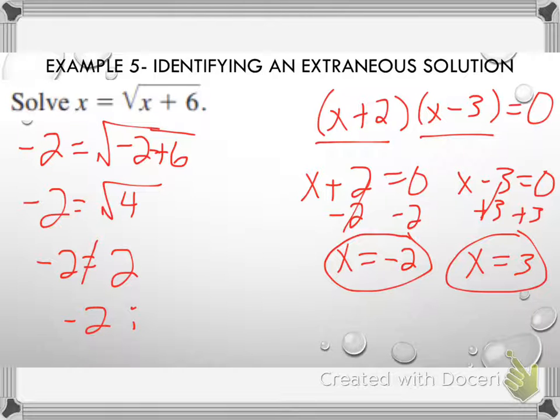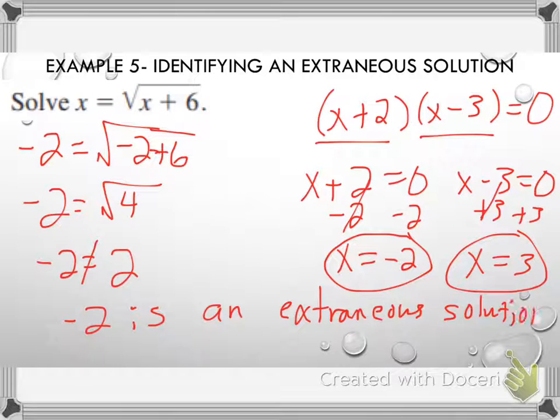Negative 2 is an extraneous solution. So it's not an actual solution of my original equation. On your assignment, I want you to tell me if something is an extraneous solution just like this. Everyone got that? Okay, now what do I need to do? Plug in 3.